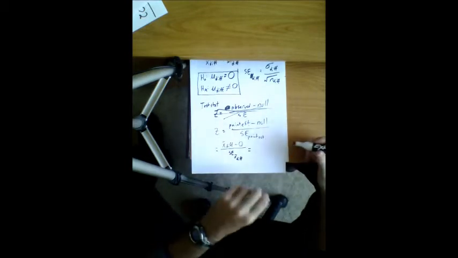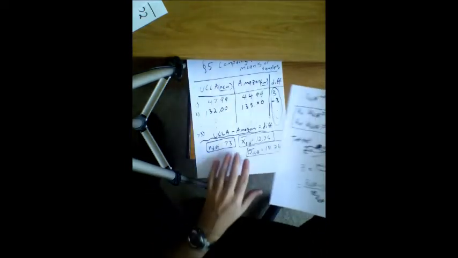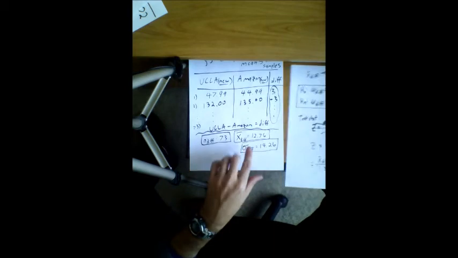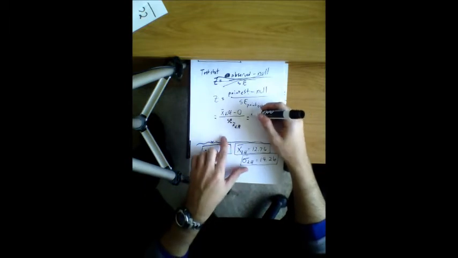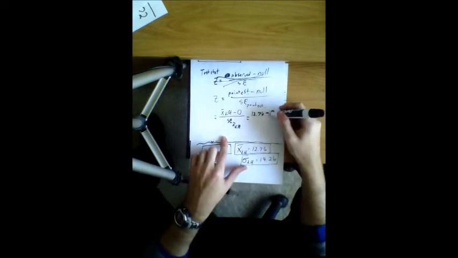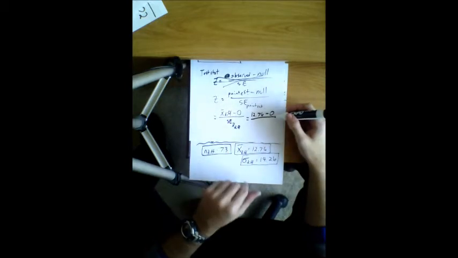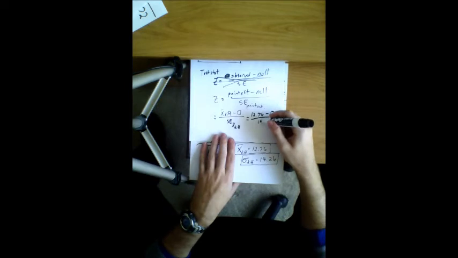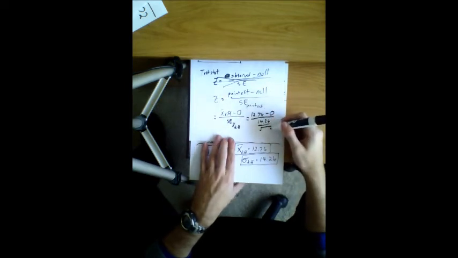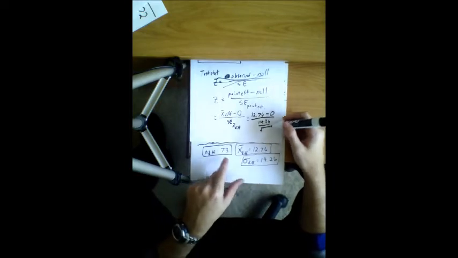So if I plug these things in, looking back on our other information, our x bar diff was 12.76 minus 0, all divided by the standard error, which is going to be this 14.26 divided by the square root of n, in this case, is 73.